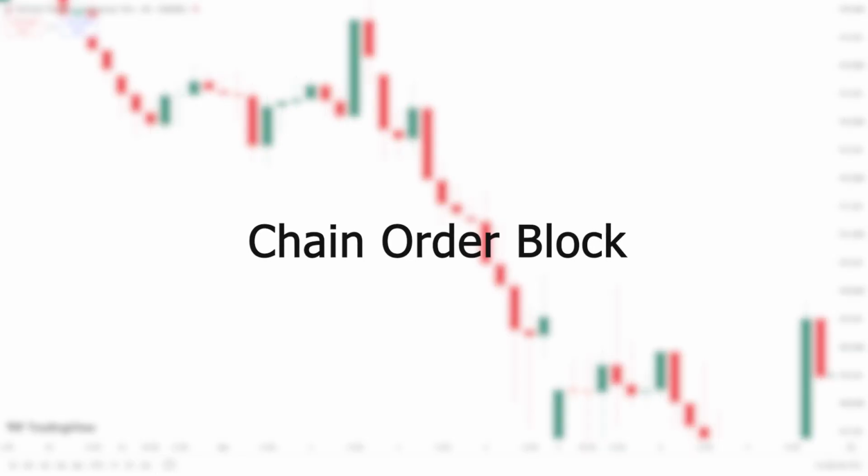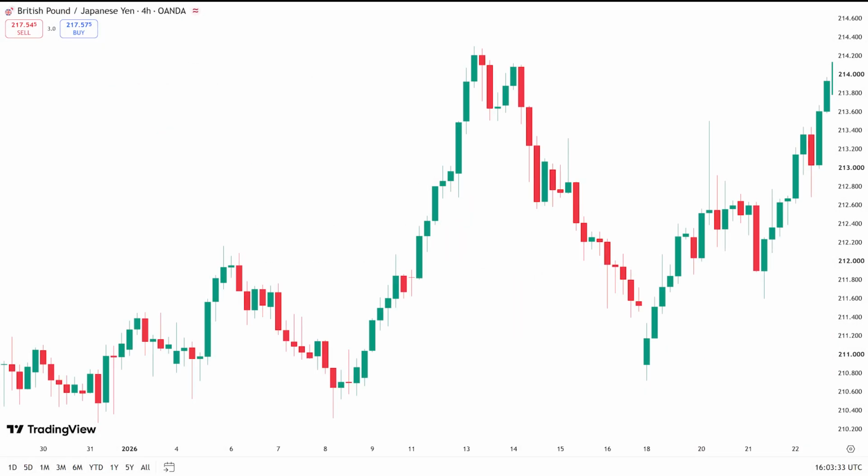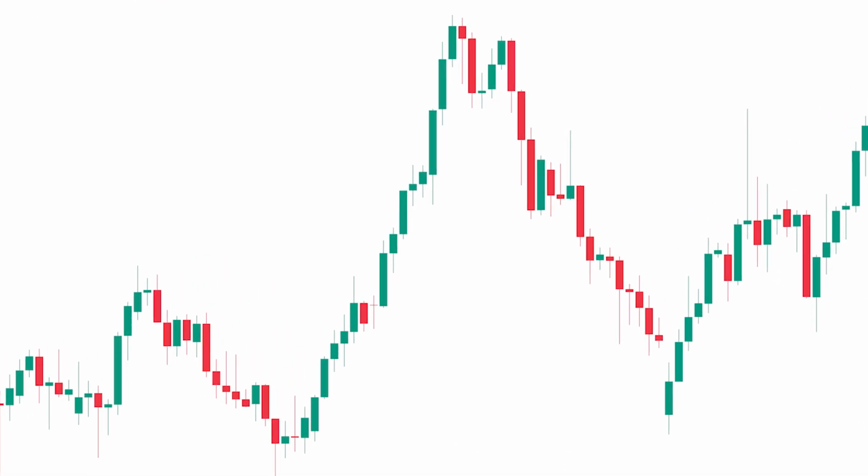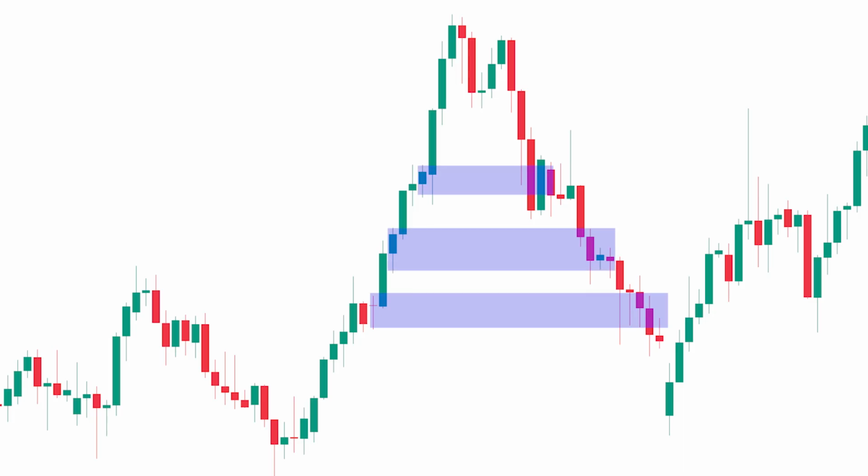Chain order blocks. Another common characteristic of fake order blocks is the formation of chain order blocks. During a strong impulsive move, several order blocks may appear one after another, tempting traders to treat each one as a valid entry zone. However, in most cases, the upper order blocks in a bullish trend or the lower ones in a bearish trend are simply intermediate zones with little institutional significance.